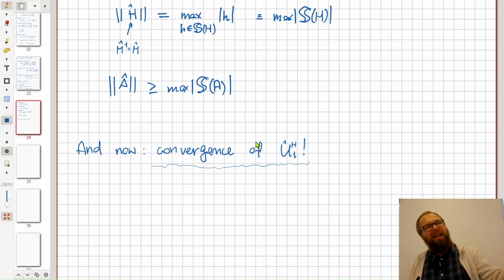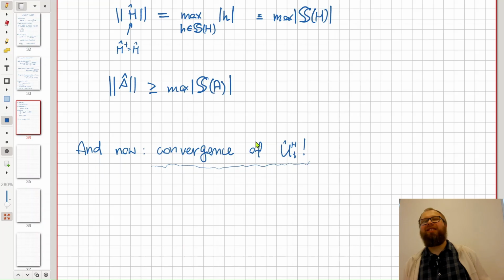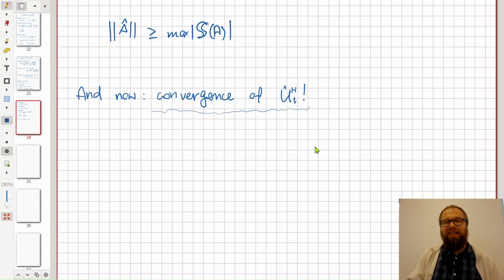We ended at listing some properties of norms, operator norms, because we are preparing to show that the evolution operator, which is defined by a series, converges absolutely and uniformly, and the radius of convergence is infinite, and stuff like that. To make sure that our evolution operator is very well defined indeed.